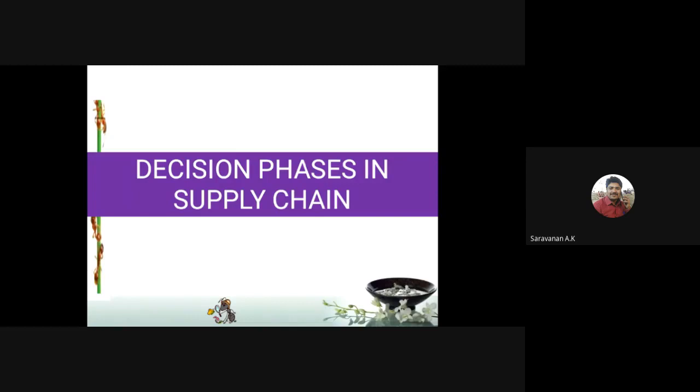The decision taken by the owner of the supply chain will affect the performance of the supply chain in the future. For example, Binni Textiles, you may have heard about it. It is just opposite to the Meenambakkam airport. Twenty years back, owning a Binni product was a credit to the customers. Nowadays, if a person has a Benz car or an iPhone, we say that person stands a little higher in society.